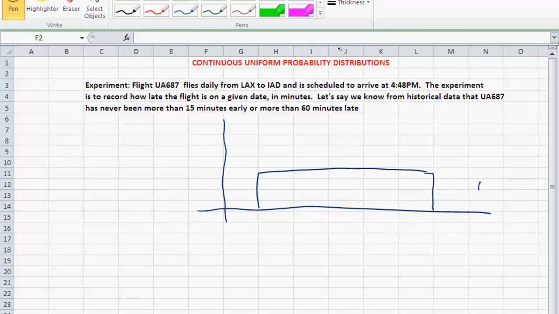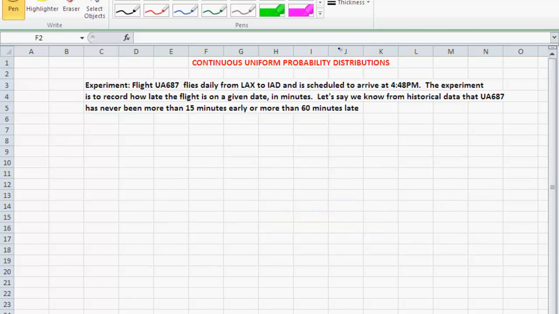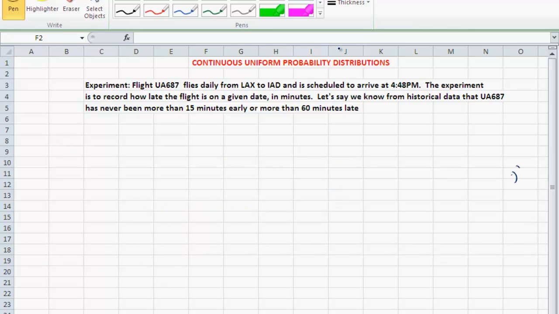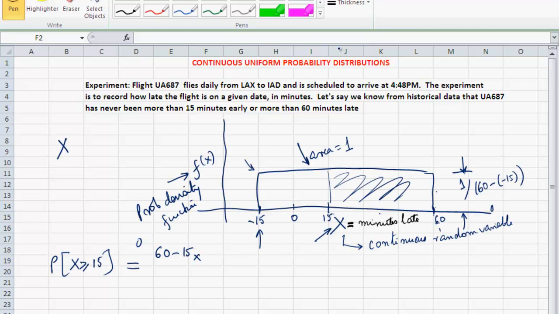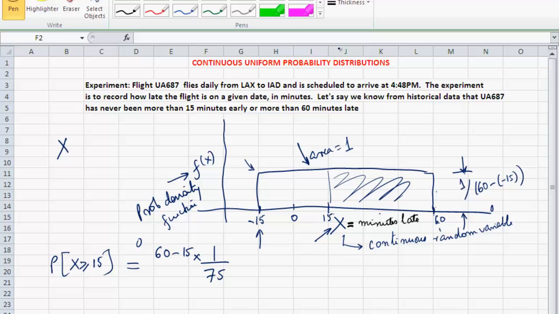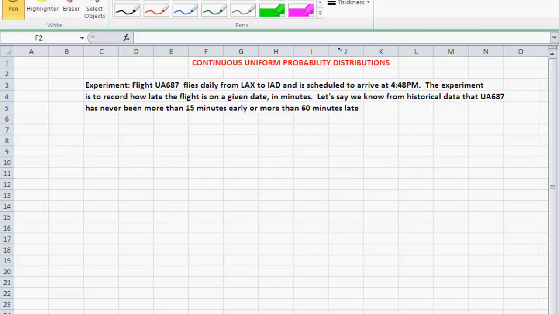So it's 60 minus negative 15, because the flight could be 15 minutes early. So 75 is the base, and the height is 1 divided by 75. So the probability of being 15 minutes late or more is simply 45 divided by 75, whatever that happens to be.